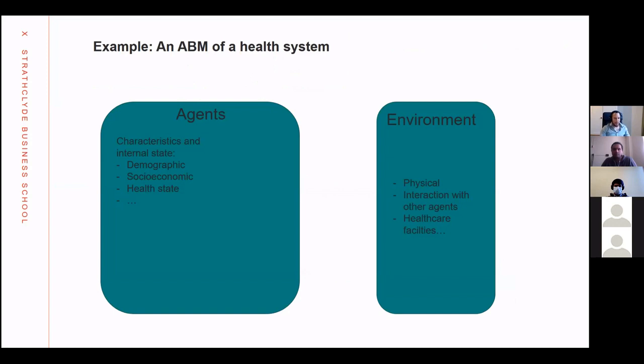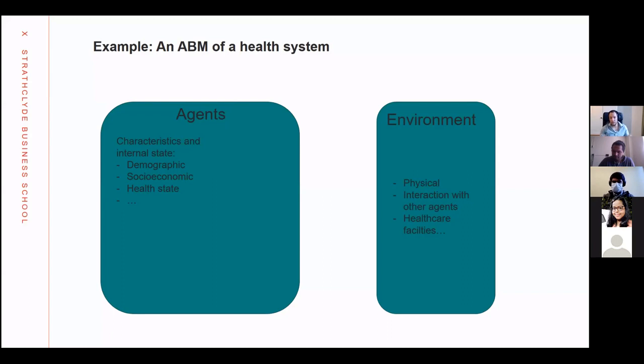Just to give a very brief example of what an agent-based model might look like. This is not a specific agent-based model, but an example of an agent-based model of a health system. We have agents. They're described by characteristics and their internal states. Those might be demographic characteristics as well as their health state. We have the environment.